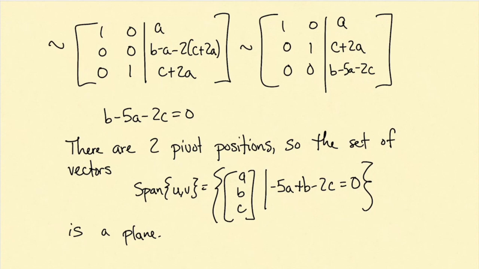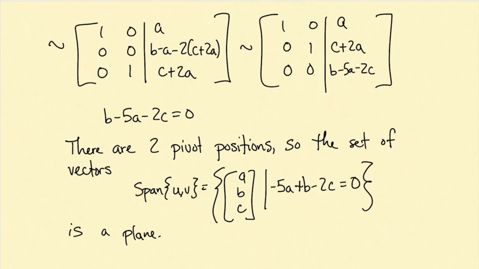In general, if you take a linear equation in n unknowns, the set of solutions will form an n minus 1 dimensional subspace of Rn. So a linear equation in 2 variables is a line in R2. In 3 variables is a plane in R3.